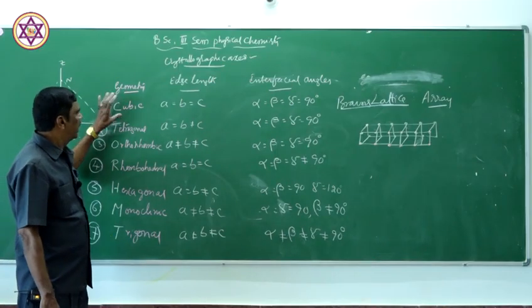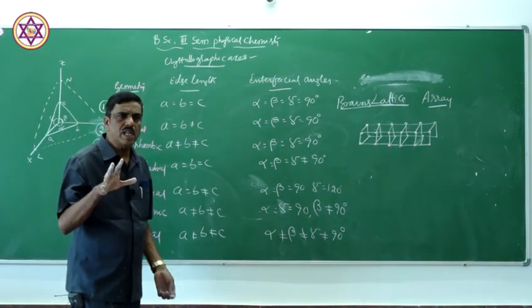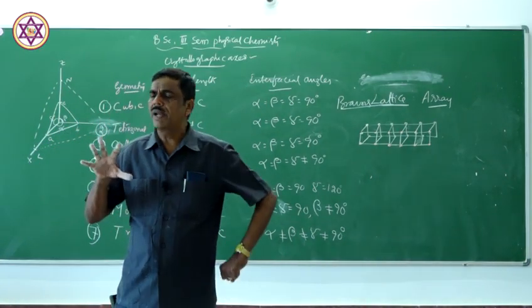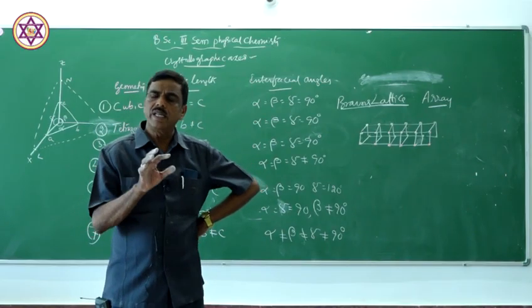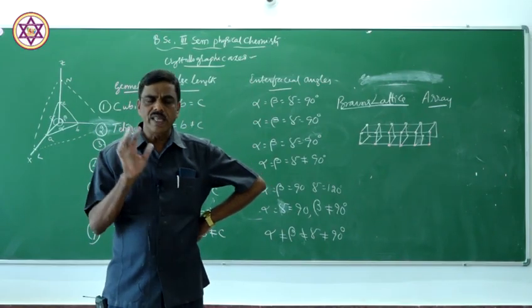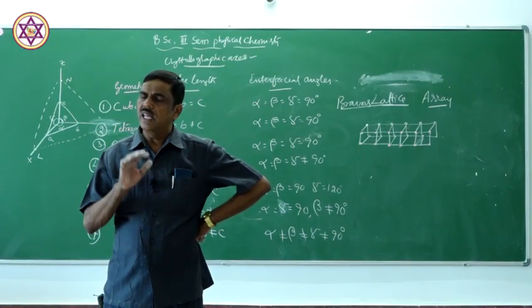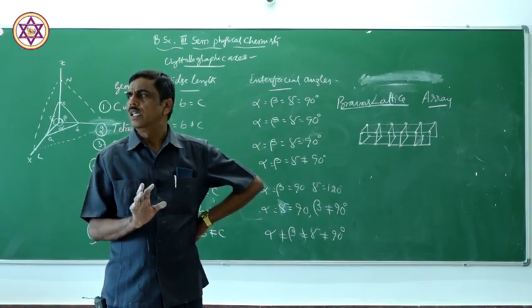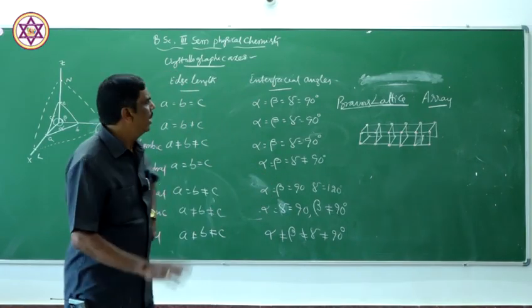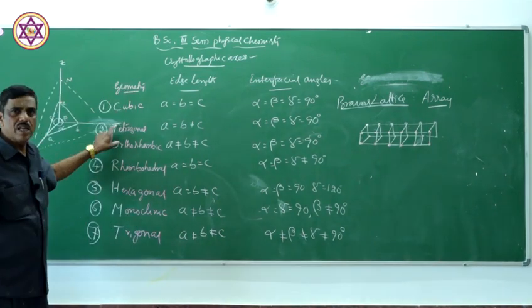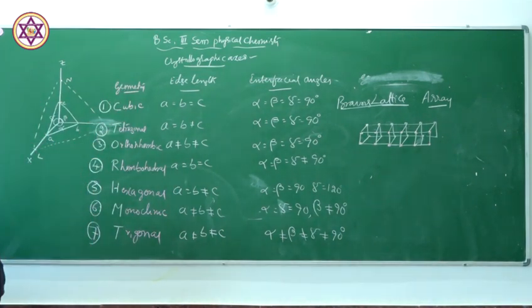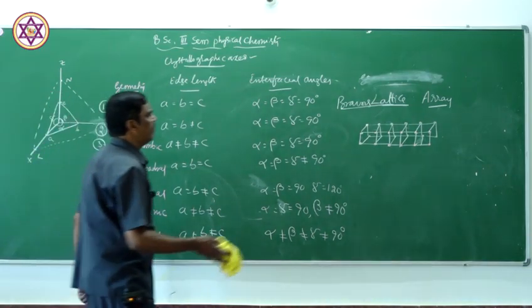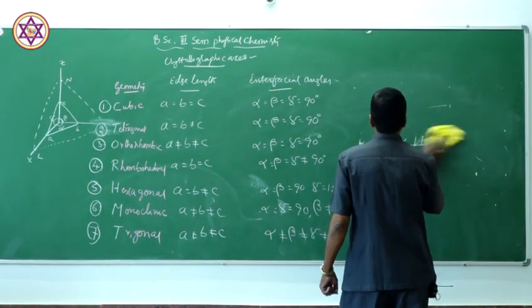For example, in a cubic crystal, different types of Bravais lattice are simple cubic lattice, body centered cubic lattice, face centered cubic lattice, and edge centered cubic lattice. Even in these geometrical shapes, there are so many Bravais lattices, and they can be counted using a trick.